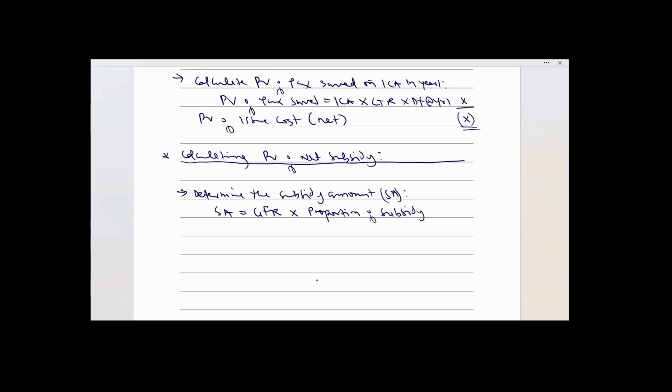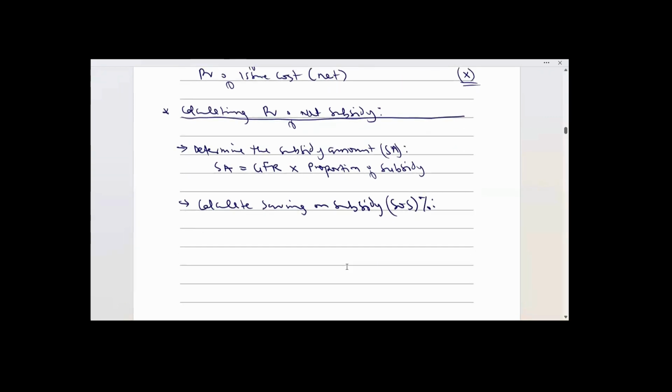All right. Then step 2, calculate savings on subsidy. SOS. This SOS must be in percentage. So how do you calculate SOS?